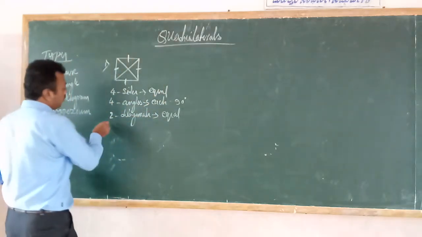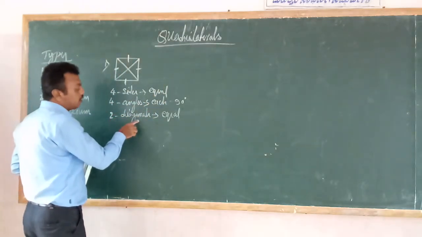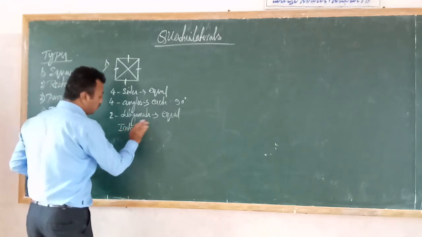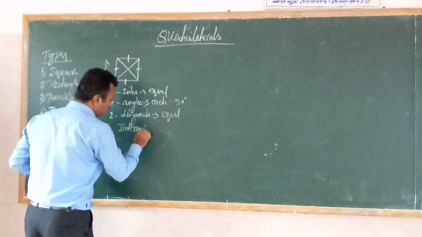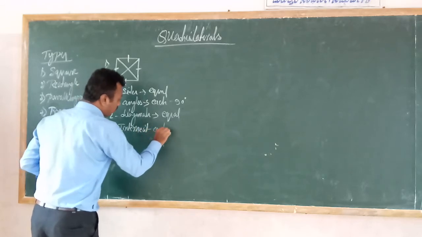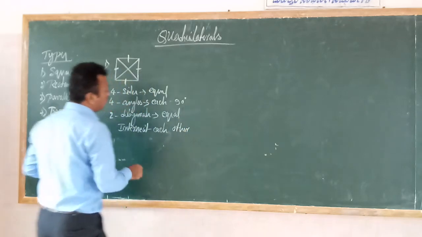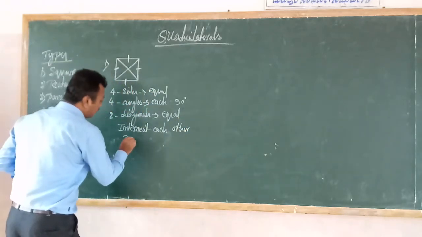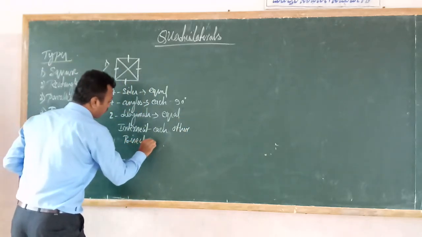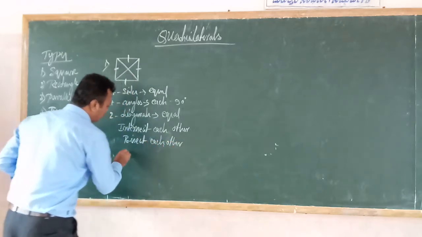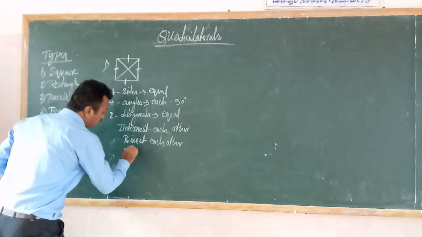And these diagonals intersect each other, and bisect each other. Correct? And they are perpendicular to each other.